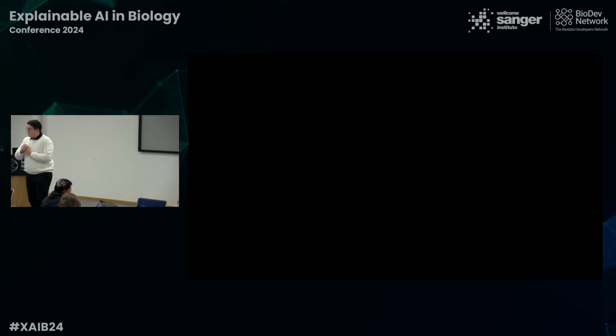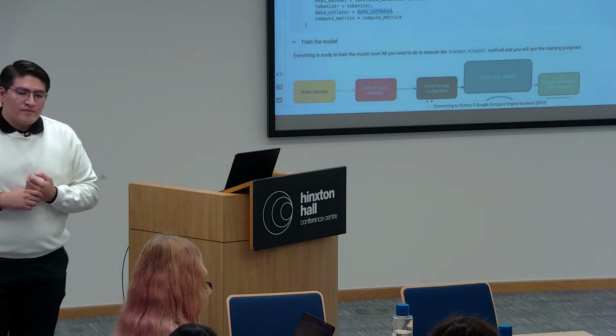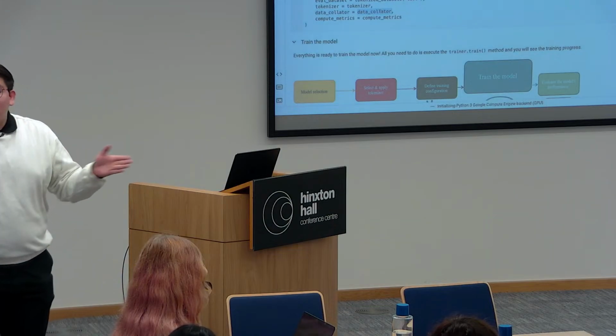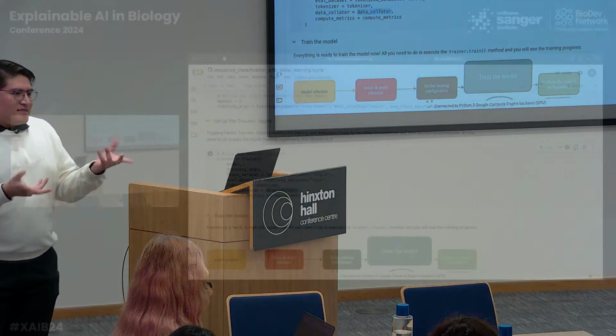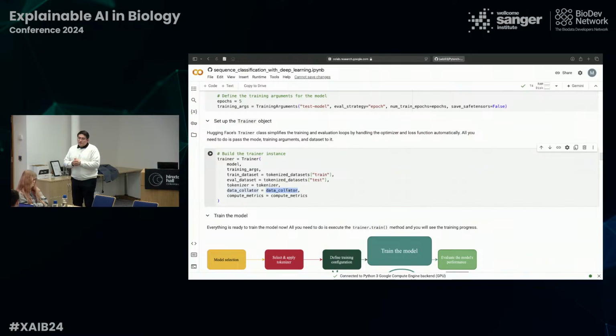For example, the data we're training today is curated so that they are all 500 nucleotides long. So in theory, it's easier for the model. Exactly. In this case, we are padding them. We are adding, in this case, ones to the numerical representation of the sequences, so the model can accept this input.